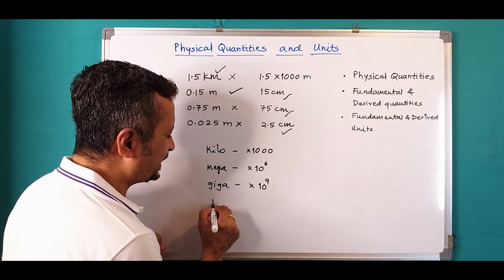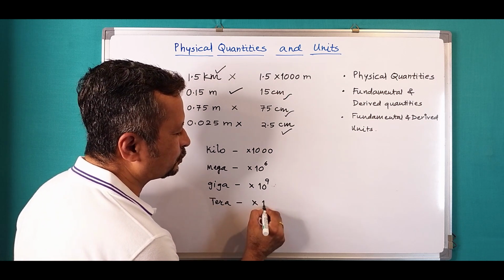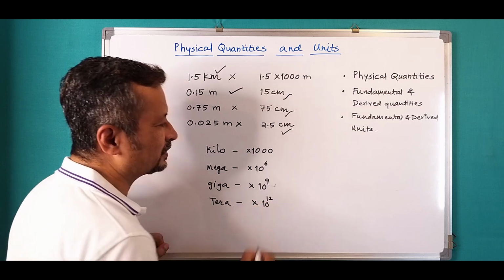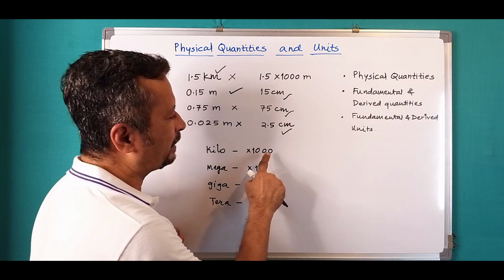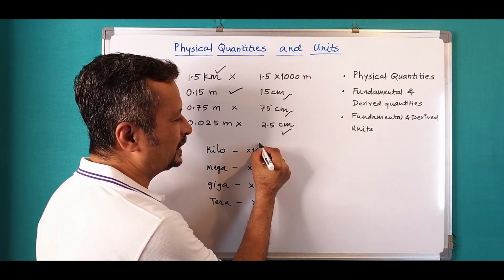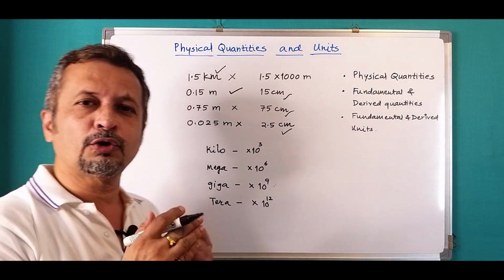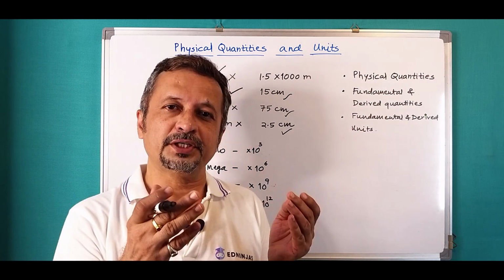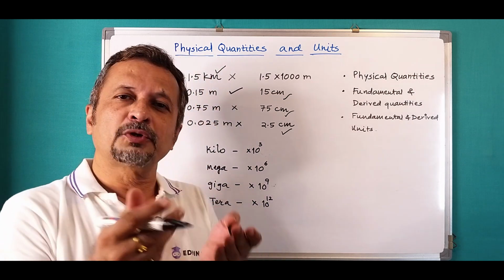And when I have tera, I multiply by 10 raised to power 12. Correct. So these are the larger units. Now even this kilo, I will write in terms of powers of 10. Rather than writing 1000, I'll write 10 raised to power 3. So 1 kilometer is 1000 meters. Correct. So like that.